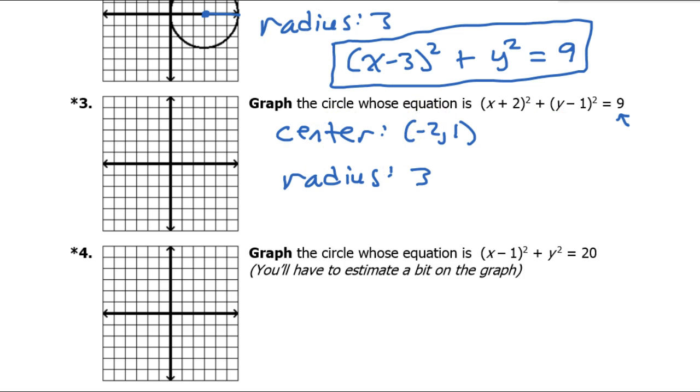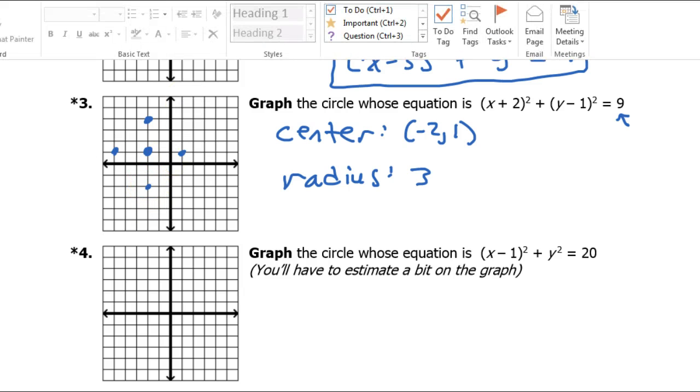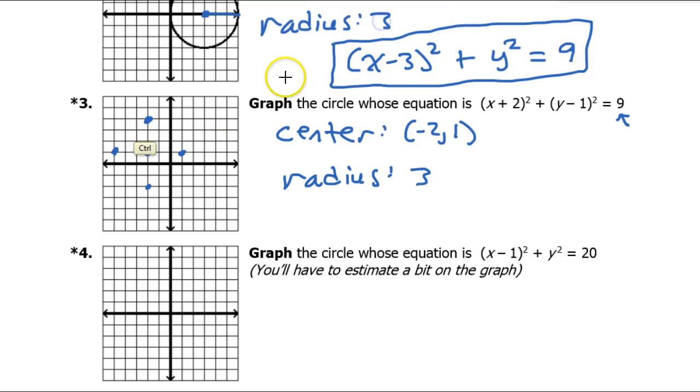So since the center is negative 2 comma 1, that means the center is right here. Since the radius is 3, that means if I go up 3, right 3, left 3, and down 3, I'm going to be on the circle every time. So now I can go ahead and draw the circle through those points.